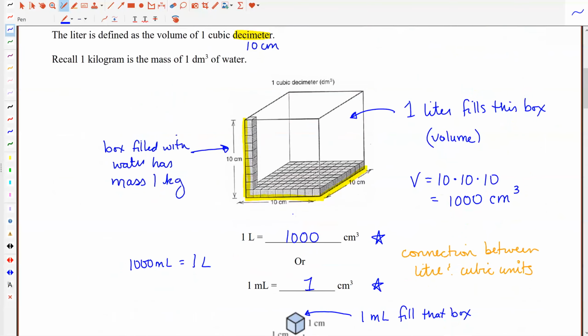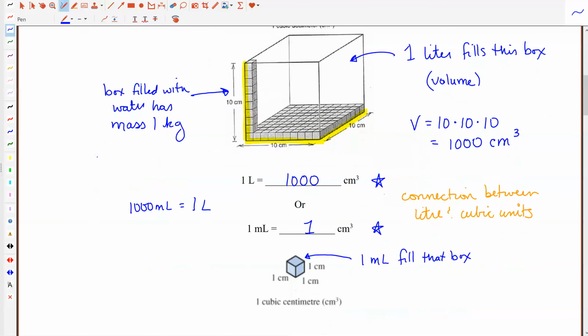If I have this box, which is 10 centimeters by 10 centimeters by 10 centimeters, 1 liter of liquid would fill that box. And if that box was filled with water, that box would have a mass of 1 kilogram. This box has 1,000 cubic centimeters in there. A kilogram has 1,000 grams in there.